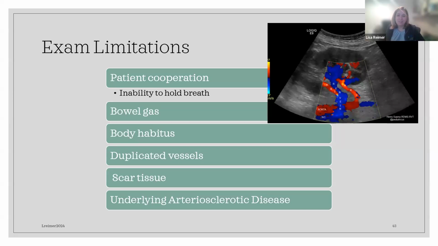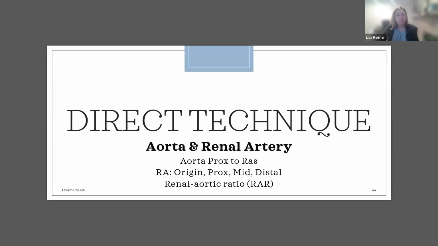So the image that you see on the right is a beautiful image from the internet where you can see the duplicated renal arteries. So unfortunately, you have to interrogate both of those. So that kind of doubles the length of your interrogation time. Scar tissue or underlying vascular disease can also limit us because it makes these structures harder to attenuate.